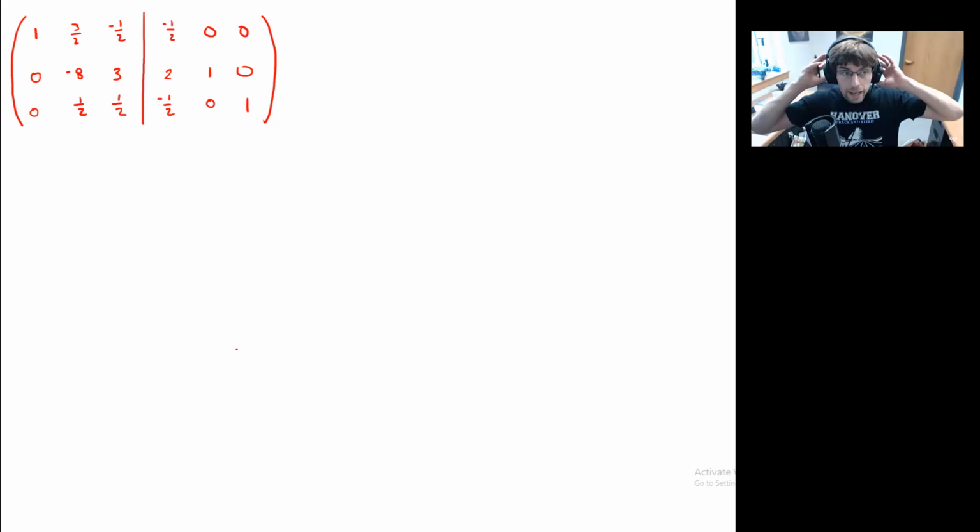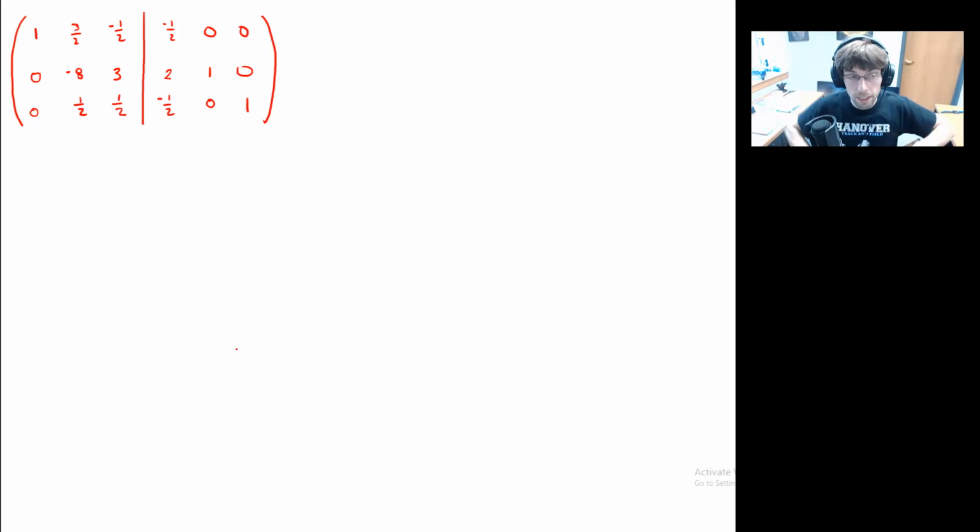Okay. And so the next thing, what am I going to do? Well, I think the next thing I'm going to do is multiply the third row by 2. And then I'm going to swap second and third rows.